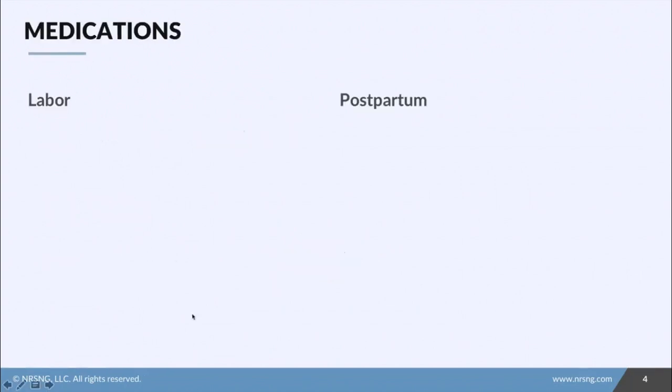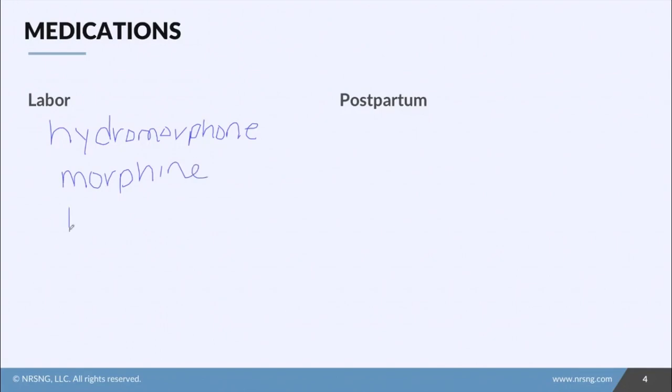Let's review the different medications that are going to be given. So we have to manage our patient properly with different pain medications. During labor, medications like hydromorphone, morphine, butorphanol tartrate, or that's Stadol, are going to be the most widely used.